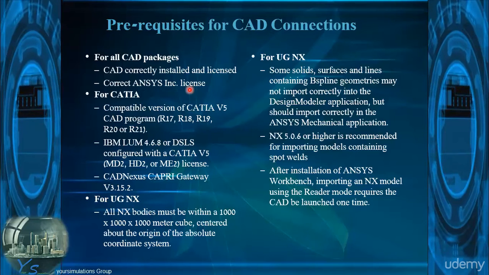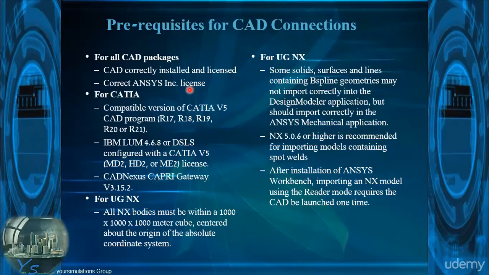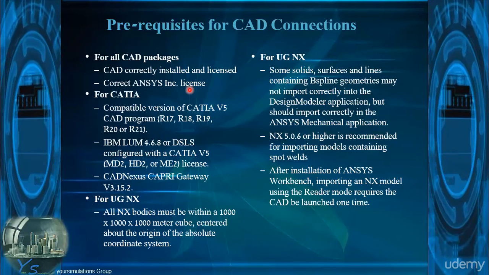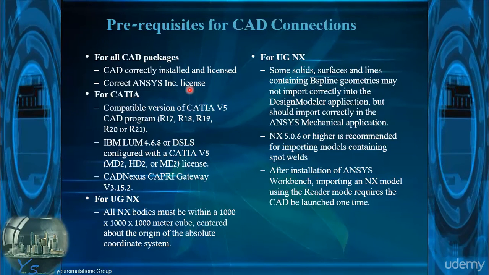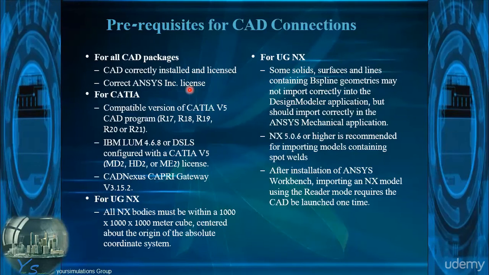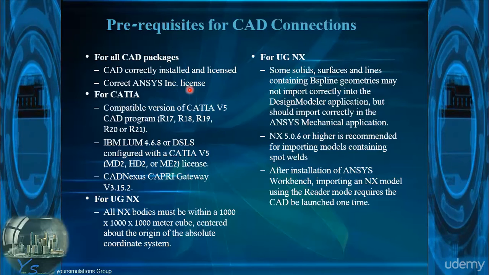You can bring in the geometry and allow it to convert directly. But for some of them, and also of course for the bidirectional and two-way, you will need the CAD system installed and licensed in order for the connectivity to be present between Workbench Design Modeler and the upstream CAD system.